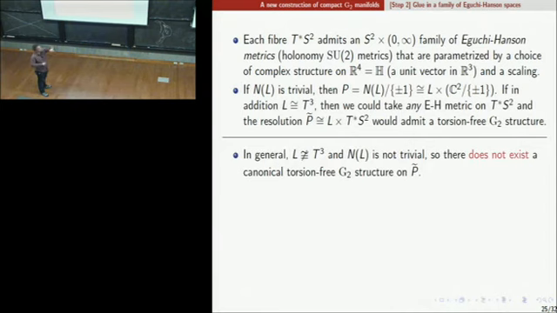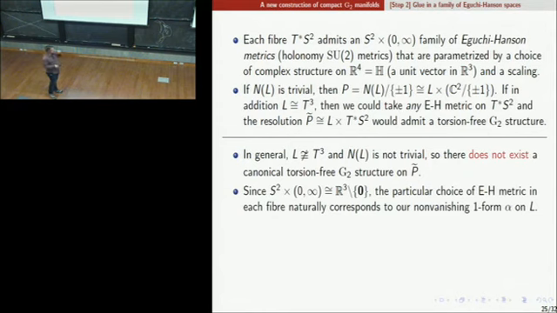So we want to glue in the resolution. We're going to attach a neighborhood of the origin of the zero section in the resolution to a neighborhood at infinity of the orbifold to get our smooth thing. But we don't have a torsion-free G2 structure on the thing we're going to attach. Okay? But actually, if you look at the moduli of Eguchi-Hansons, they're R3 minus 0.